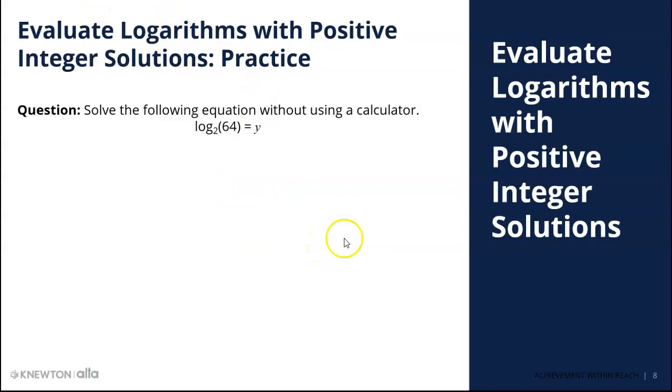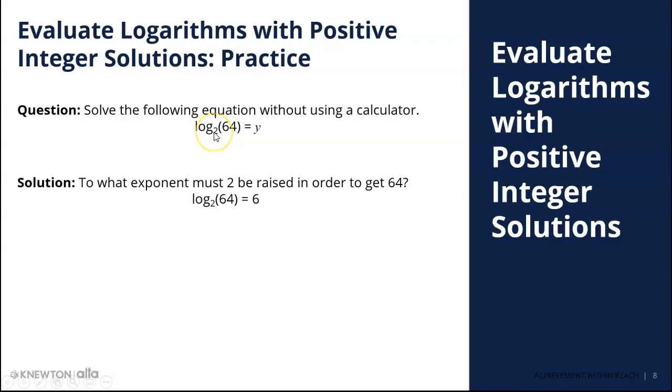Similarly, let's solve the logarithm of 64 base 2 without a calculator. We ask ourselves, to which exponent must 2 be raised in order to get 64? We know that 2 to the sixth is equal to 64. So therefore, log of 64 base 2 is equal to 6.